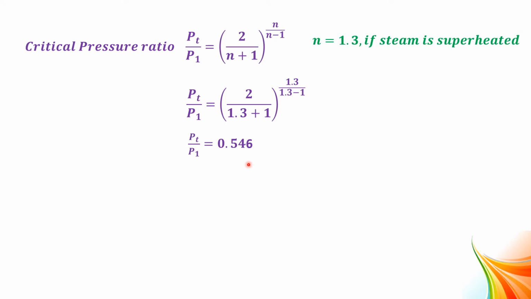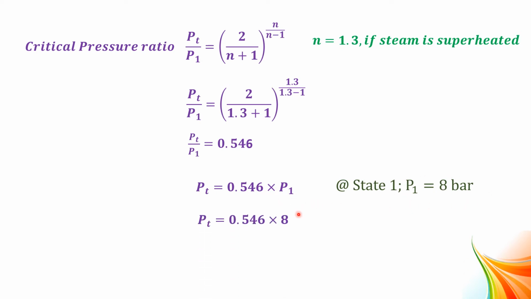Now cross multiply this, Pt equal to 0.546 into P1. The pressure P1 value is given in the problem. So P1 equal to 8 bar. Substitute this in this equation. So we get Pt equal to 4.37 bar.